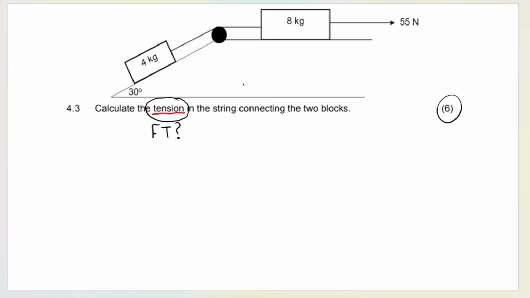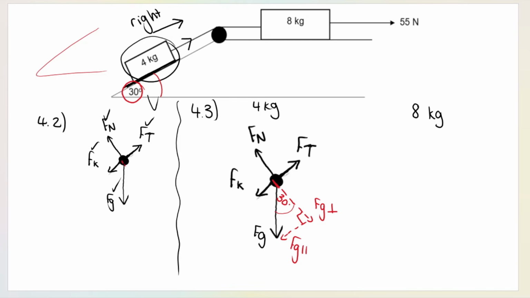It's 6 marks. As soon as you see 6 marks and they're looking for tension or acceleration, you should know you are most likely going to do a simultaneous equation problem. And the other reason I know I'm going to do simultaneous is because I do not know what tension is. Think about your free body diagram.